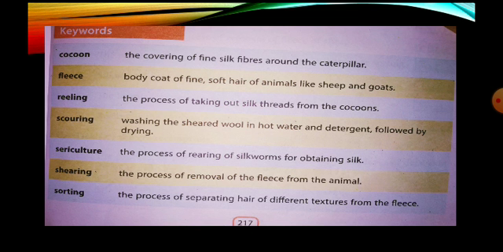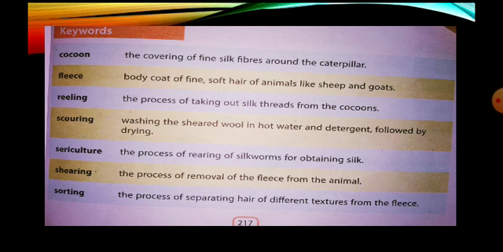Then sorting. The process of separating hairs of different textures by the laborers is called sorting.